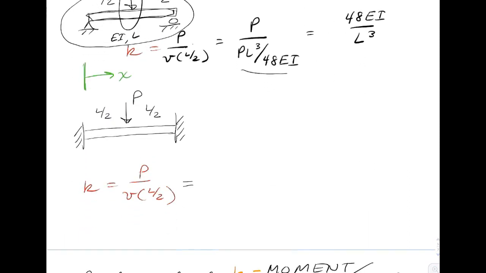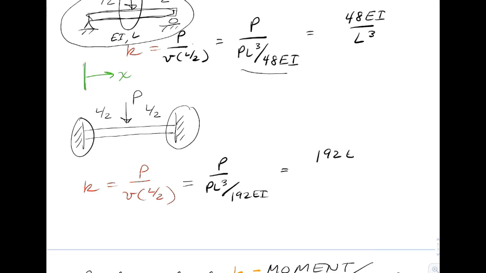So we'll do another one, and this would be for a fixed beam, so something that is a highly indeterminate beam. You wouldn't have to be able to solve for it, but it would turn out that the deflection at midspan would be PL cubed over 192 EI.